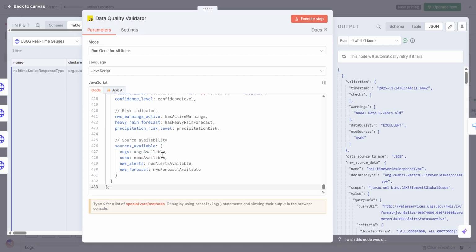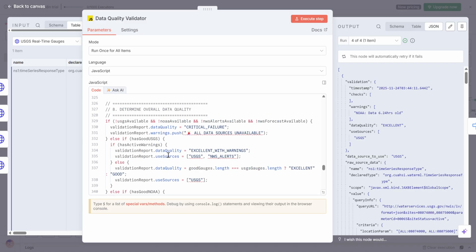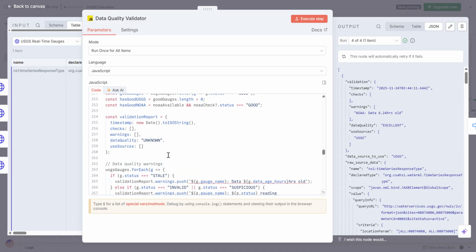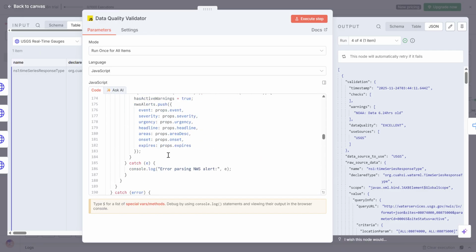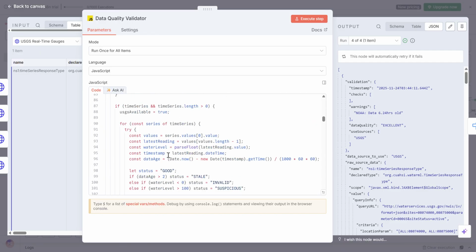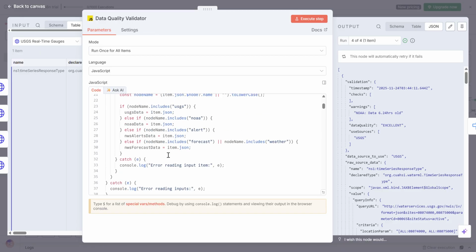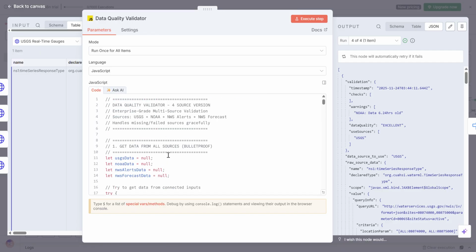If USGS data is bad or missing, it will trigger failover to the NOAA. Once validated, the data goes through transformation nodes that standardize formats, calculate rise rates, map the road elevations, and prepare everything for the agent analysis.